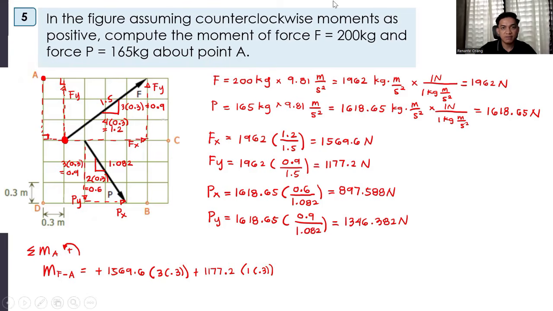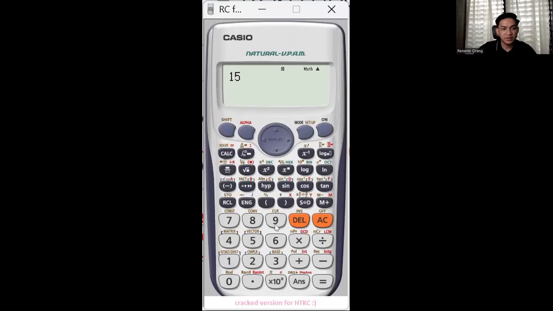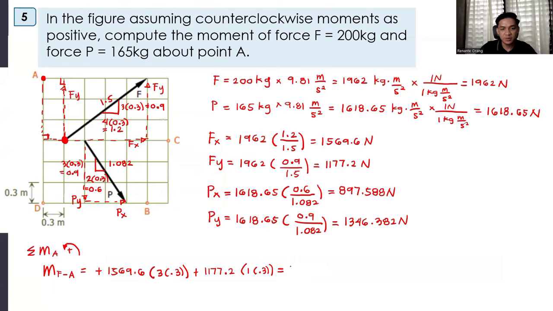On the calculator, we have 1,569.6 multiplied by 3 times 0.3 plus 1,177.2 multiplied by 1 times 0.3 equals 1,765.8. So let's write 1,765.8 Newton meter.